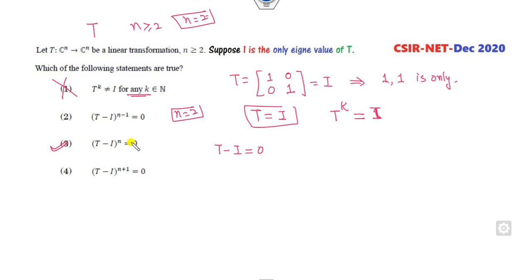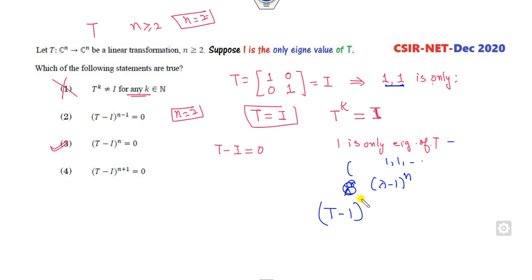Look at this option. If 1 is the only eigenvalue of T, what is the meaning of that? If T has dimension n, then it has eigenvalues 1, 1, 1 and so on. So it means the characteristic polynomial will be (x minus 1) to the power n, and the Cayley-Hamilton theorem will say this value will be 0.